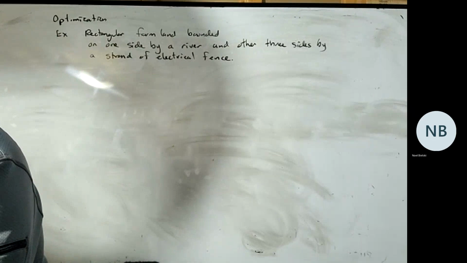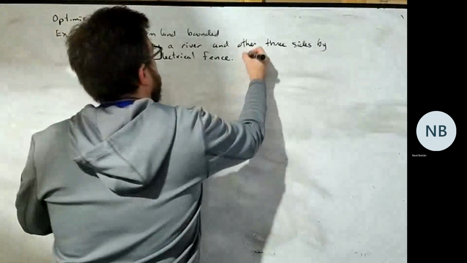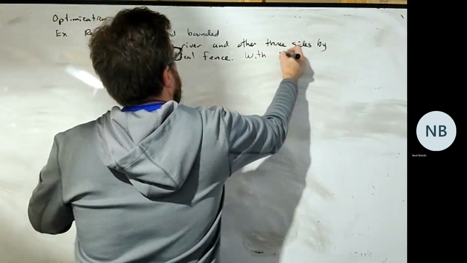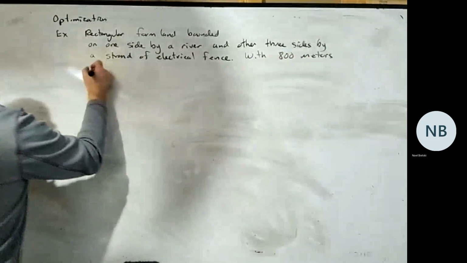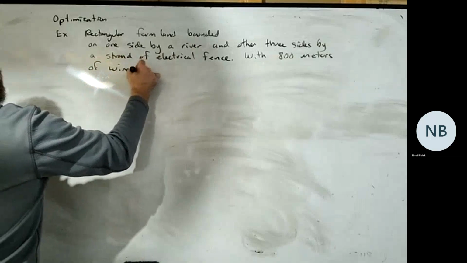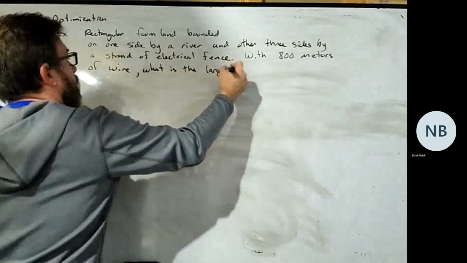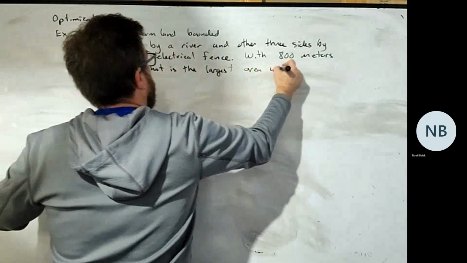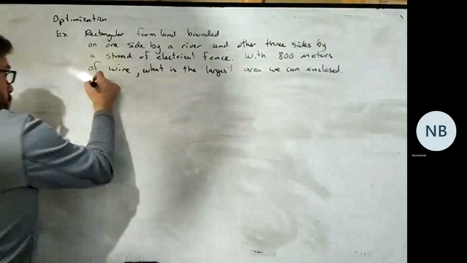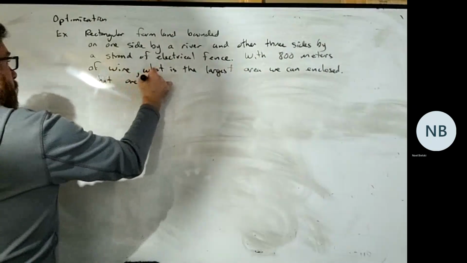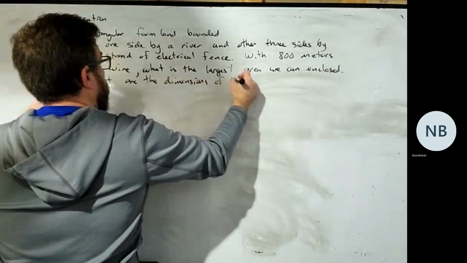With 800 meters of wire, what is the largest area you can enclose? And then, what are the dimensions of the rectangle?